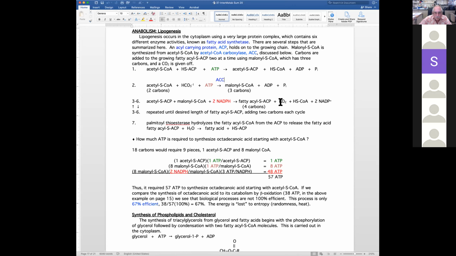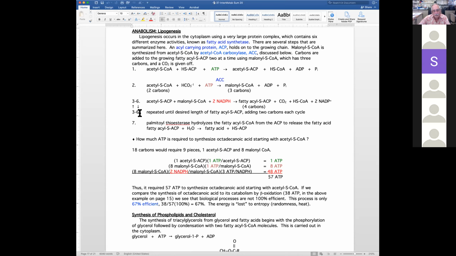So by releasing that CO2 and spending all this energy right here, you ensure that this reaction is a one-directional arrow. And so you simply repeat, repeat, repeat until you end up getting all the carbons that you want.